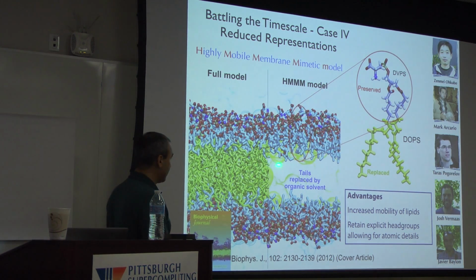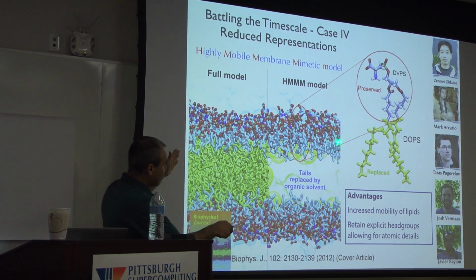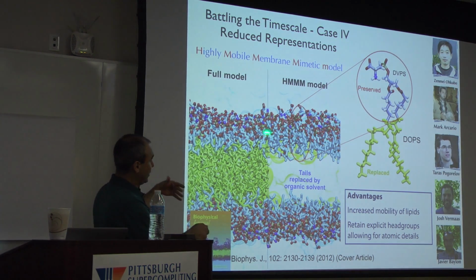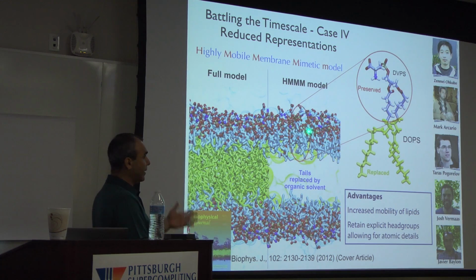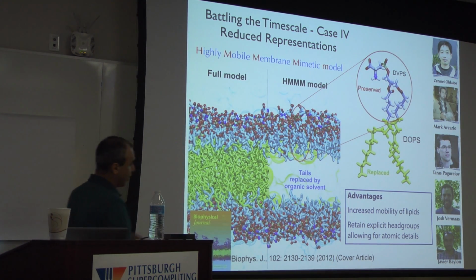So we argued that maybe we don't need all these long tails in the core of the membrane. We are mostly interested in the PS or PC or PIP2, all these negatively charged signaling lipids that interact with the protein. So we decided to remove that part and replace it with an organic solvent which has similar properties.